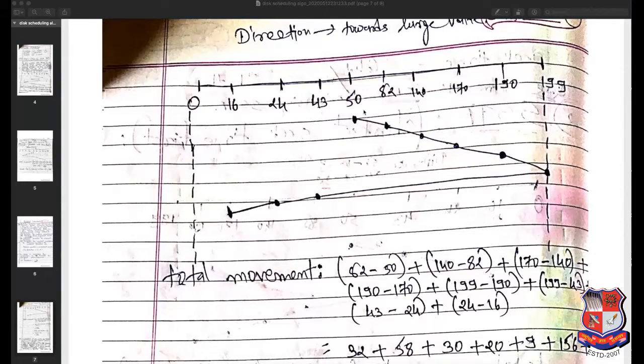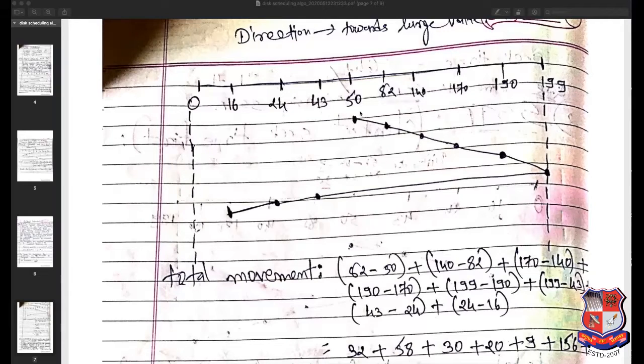As per the question, I put all the values in ascending order: 16, 24, 43, 82, 140, 170, and 190. My head position is 50, so I put 50 between 43 and 82 in ascending order.